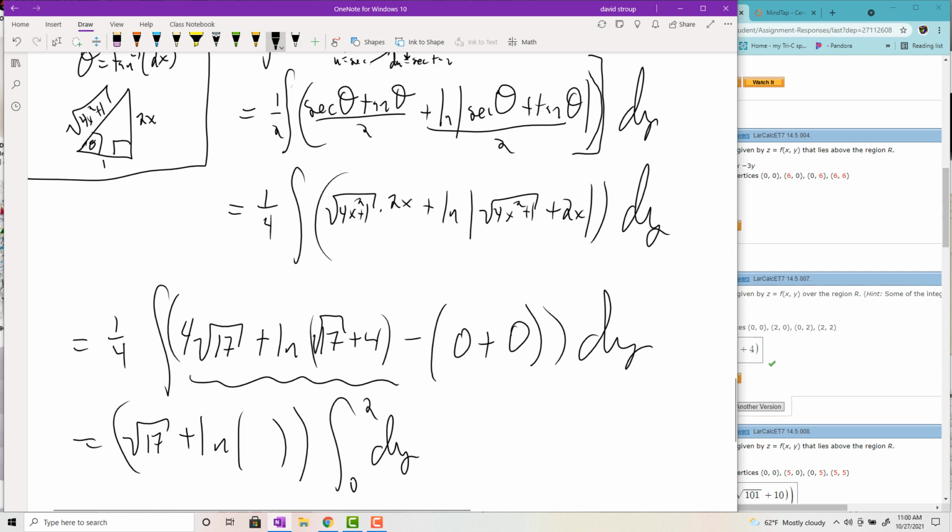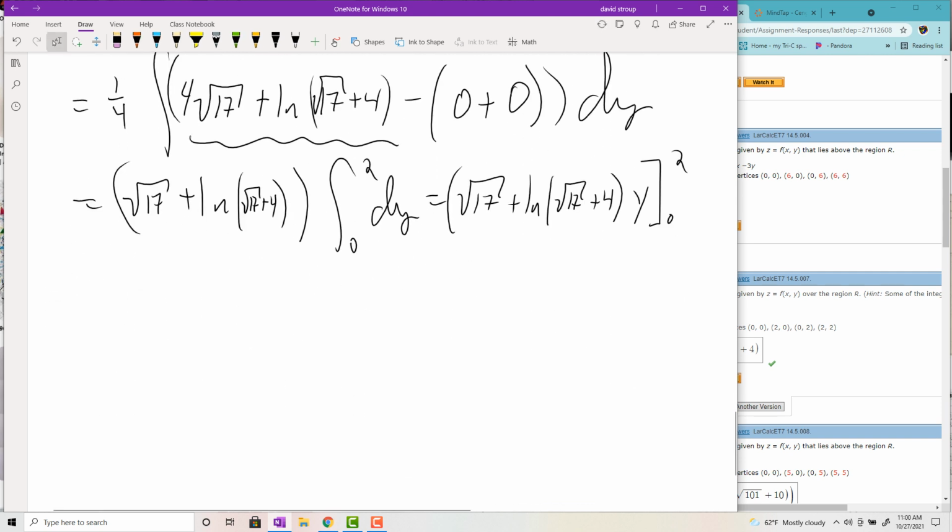Square root of 17 plus 4. Okay, and then that's going to be square root of 17 plus ln of the square root of 17 plus 4 times y, evaluated from 0 to 2, and that's going to put a 2 in there. So at the end of the day, it's just going to be 2 times the square root of 17 plus ln of the square root of 17 plus 4.